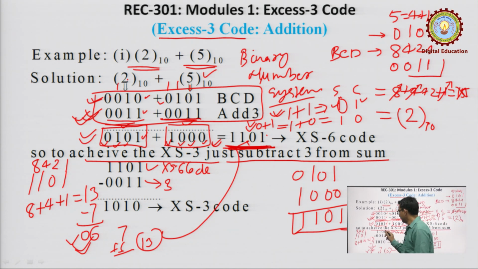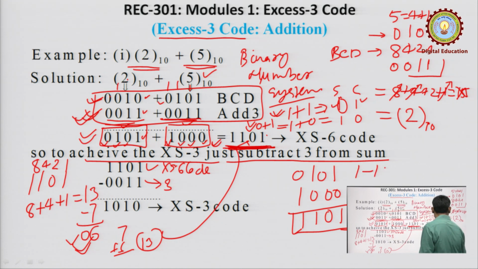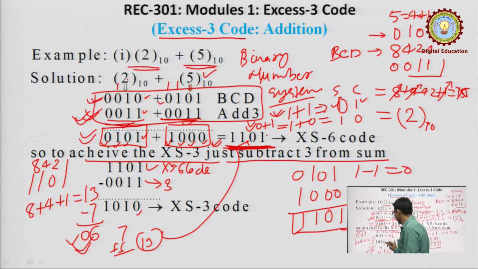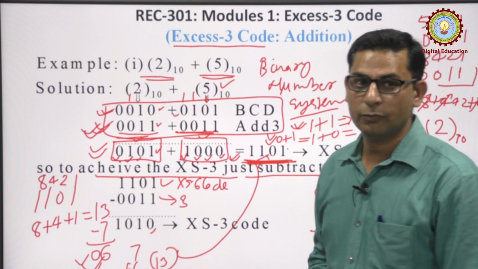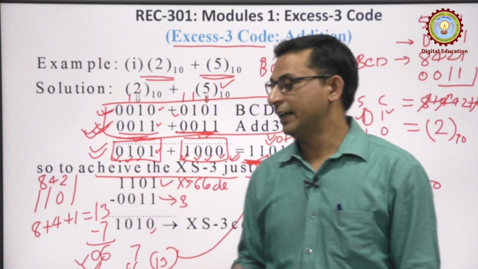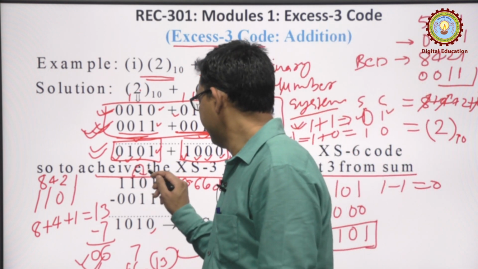So, we will subtract 1 minus 1, we know for the binary number 1 minus 1 is equal to 0. Okay. So, we get the 0 here, and this is 0, and if you want to subtract 1 from 0, that is not possible. So, to make it possible, we have to take a borrow from here.